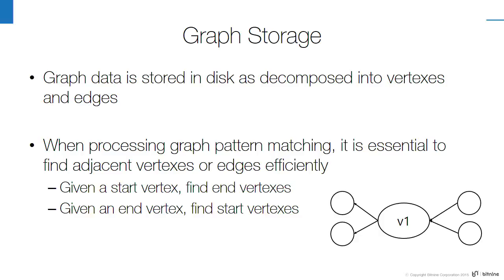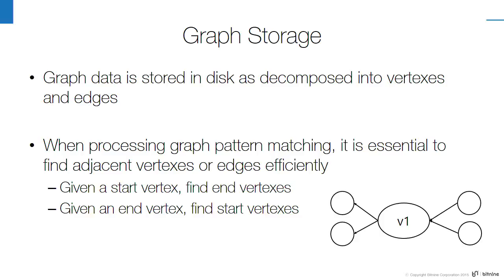When traversing a graph, given a vertex, we should be able to find adjacent edges and then follow the edges to find other adjacent vertices. So it is essential to find adjacent vertices and edges efficiently when processing the graph query.